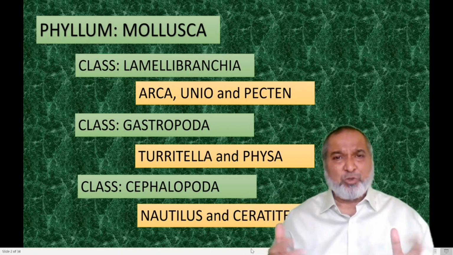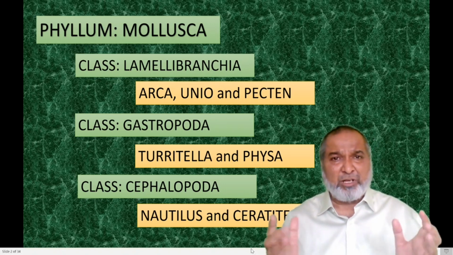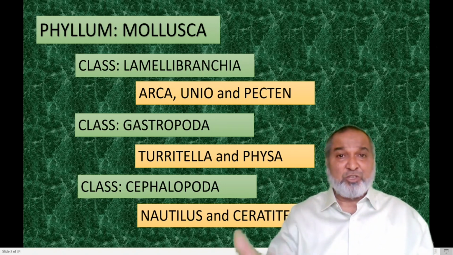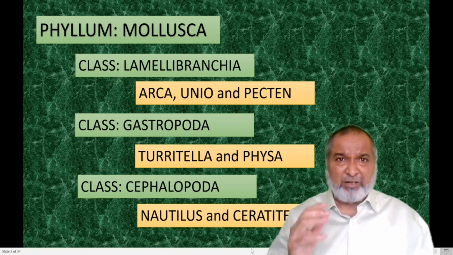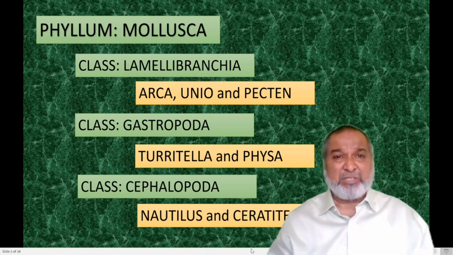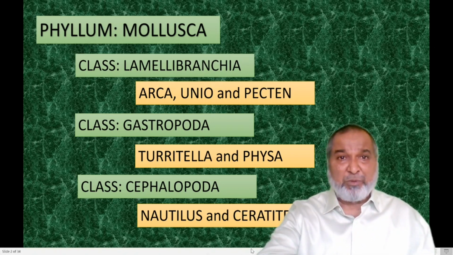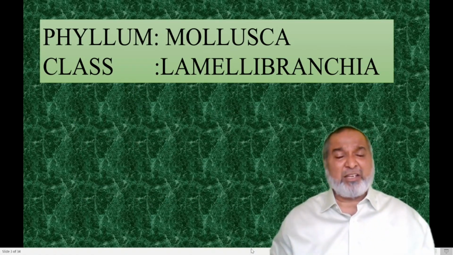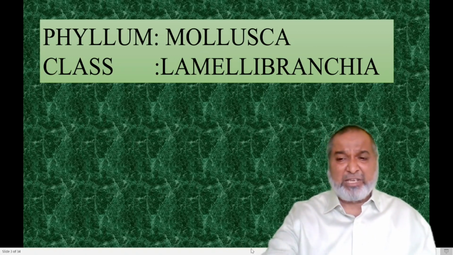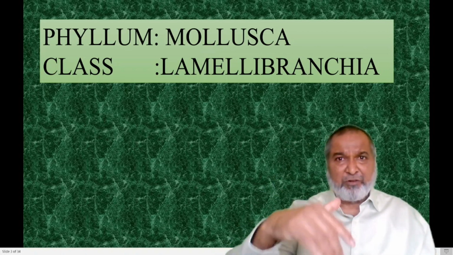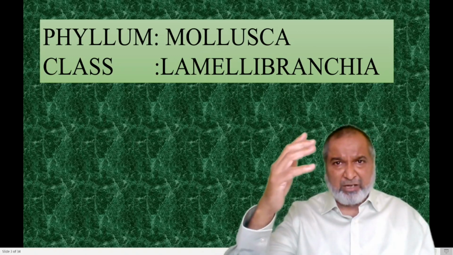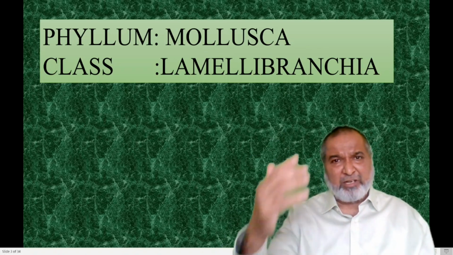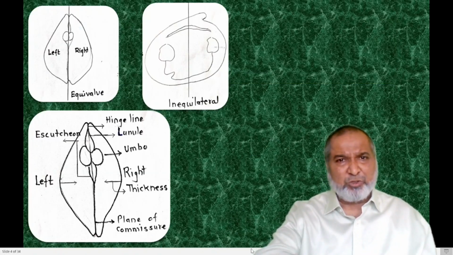In practical we don't have to bother about the geological and geographical distribution, but we should know a little bit about the classification. Here we have just taken two parts, the phylum and the class; the rest you have to see right from the plant kingdom or animal kingdom, then come back to this part.